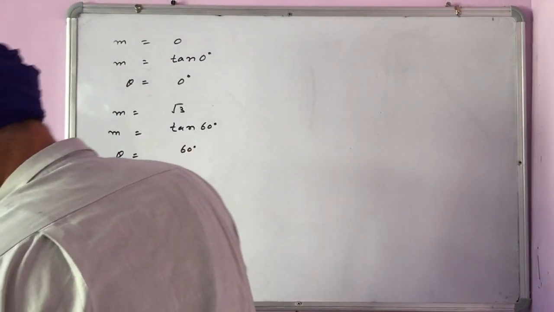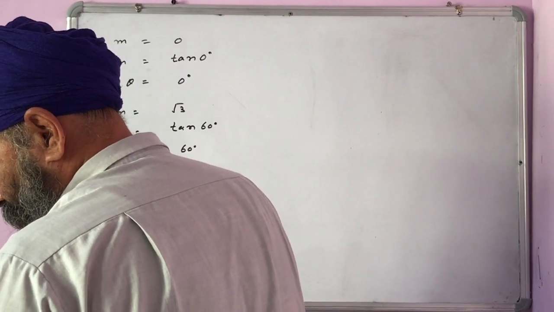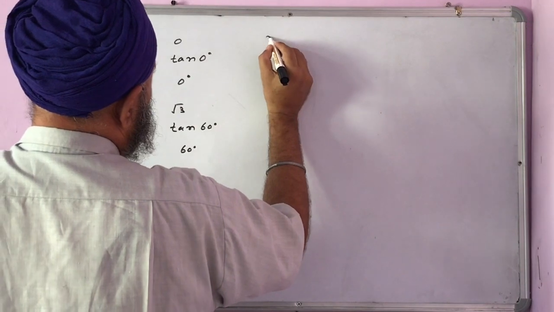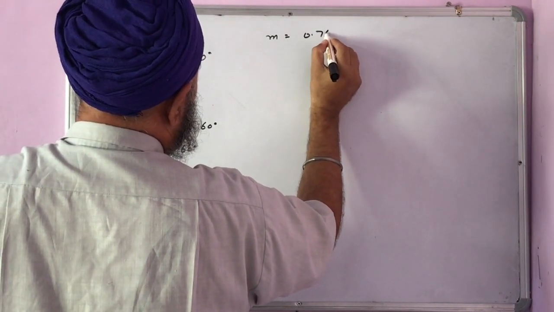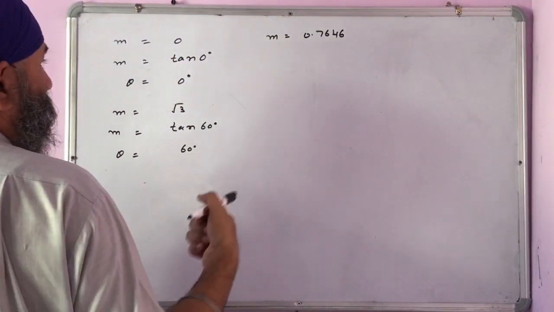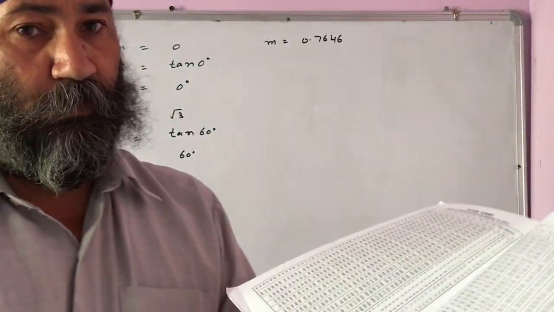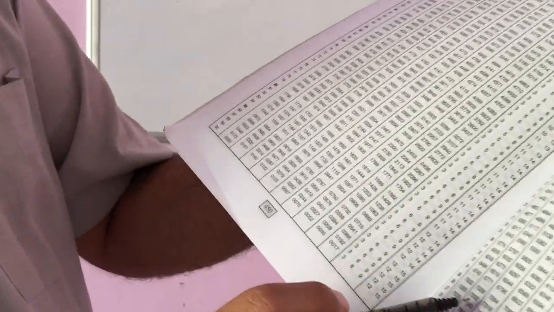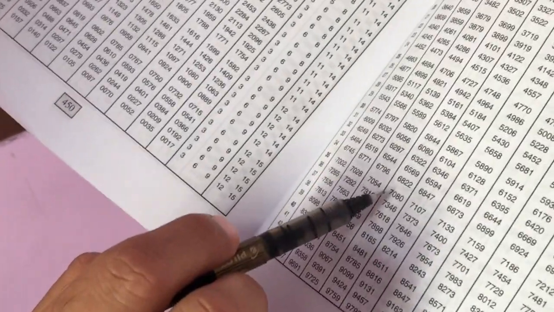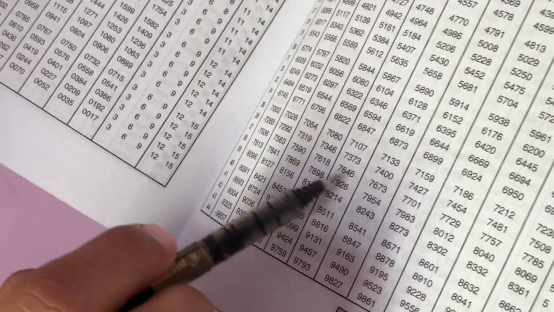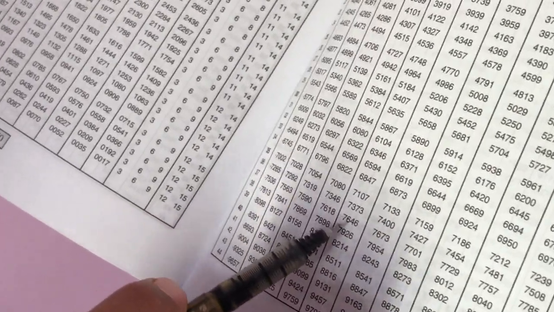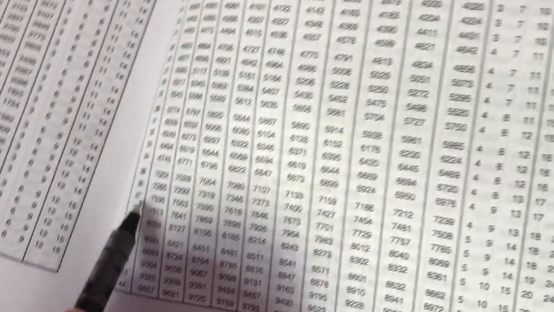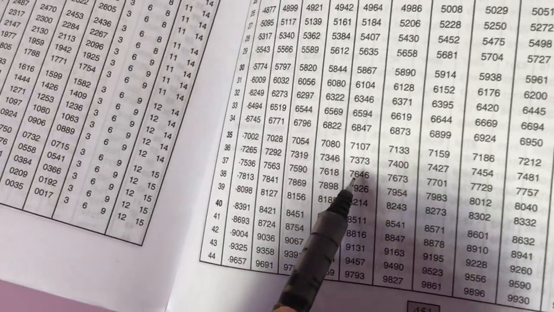If the line slope is 0.7646, I have to find from the table where 0.7646 is. It is here, against 37.24.